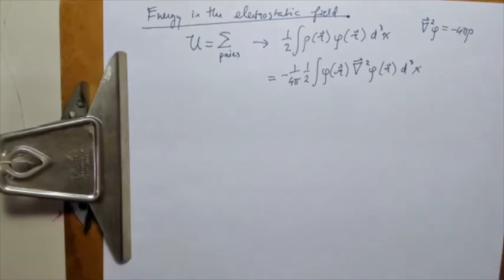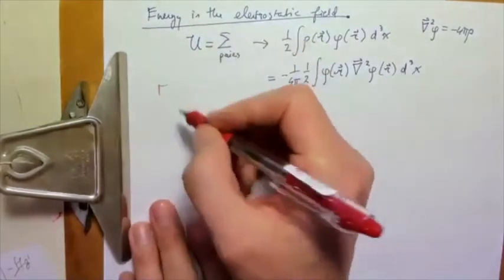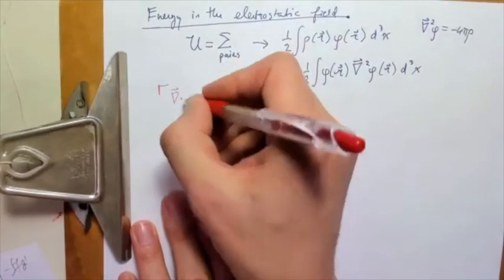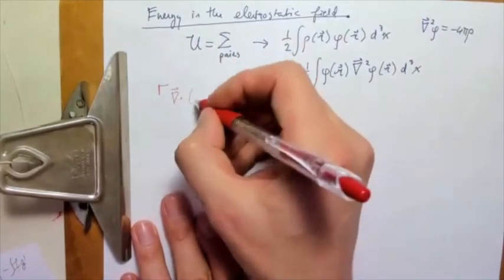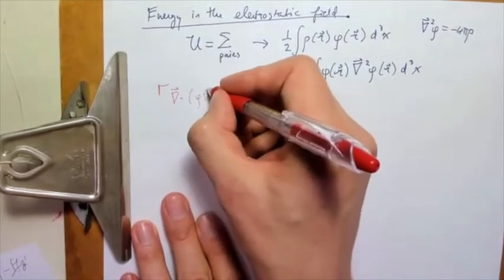Okay, now this looks a little tricky, but it's not too hard to simplify this a little bit. So let's do this here. Let's take the divergence of the following term.